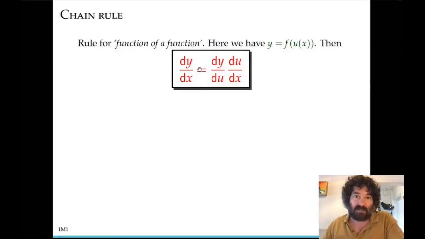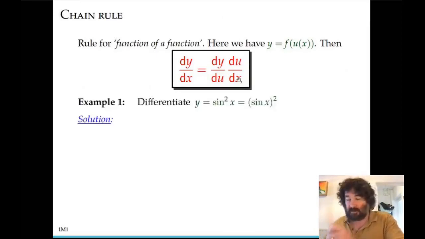And the reason is that you can formally think of the du's here as canceling out. So you want to calculate dy dx, and y is a function of u, which is in turn a function of x. You take the derivative of y with respect to u, then you take the derivative of u with respect to x, and you multiply them together. That's the chain rule.